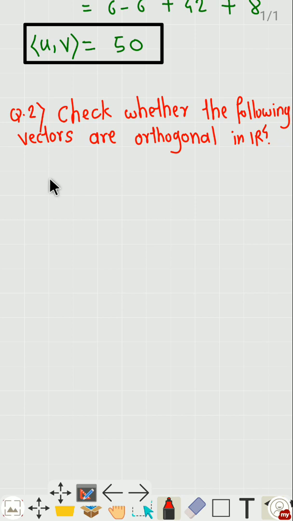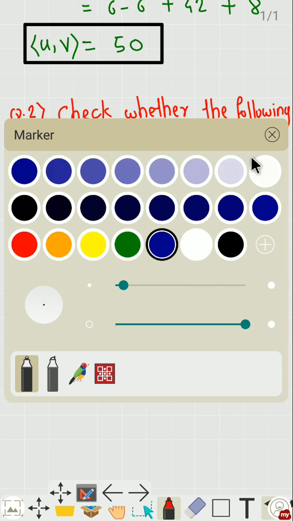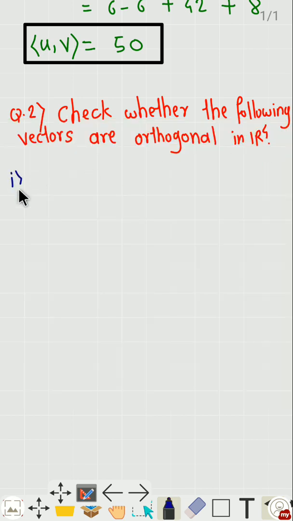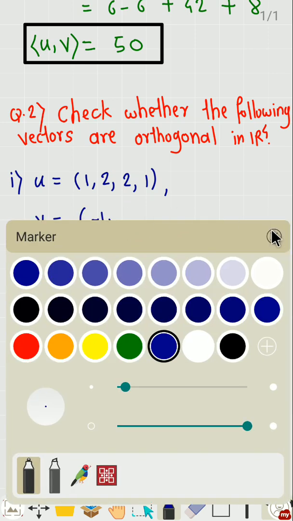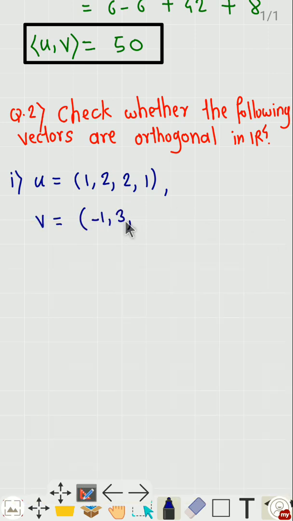Okay, so in the first case, vector u is given as (1, 2, 2, 1), and vector v is (-1, 3, 0, 1). To check the orthogonality of these two vectors, we have to find their inner product.